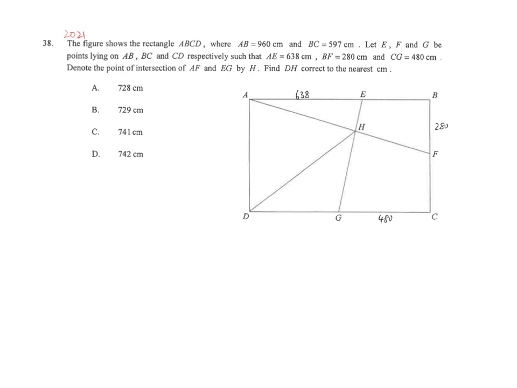Getting the whole length of 960 and the vertical height of 597, we can put the numbers in. So it's 317 over here, 480 over here, and then this should be 322.